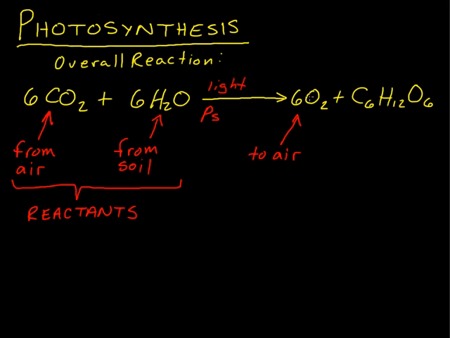All of the oxygen that gets produced by plants originates in a water molecule. That's where the oxygen ends up. Now, this next molecule here, the C6H12O6, is glucose, which is one of the simple sugars. Basically, this is the stuff that photosynthesis is all about.